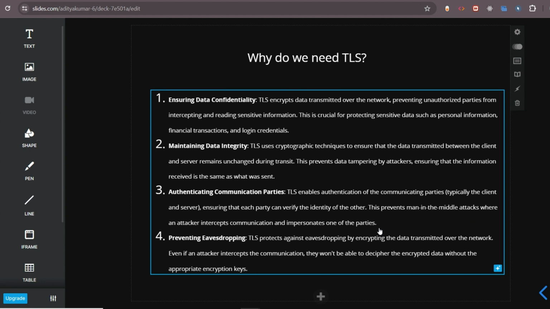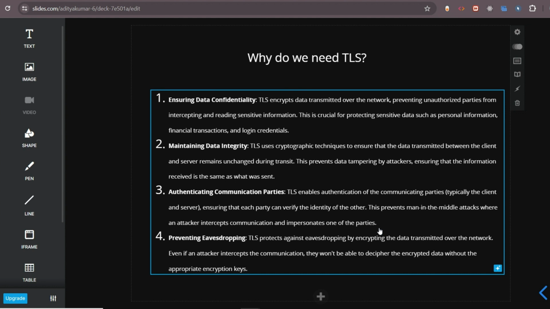Let's say some data is being sent from the client to the server. TLS will ensure that the particular client is the same client that has sent the data, and not some other person trying to impersonate the client. This tactic is called a man in the middle attack.